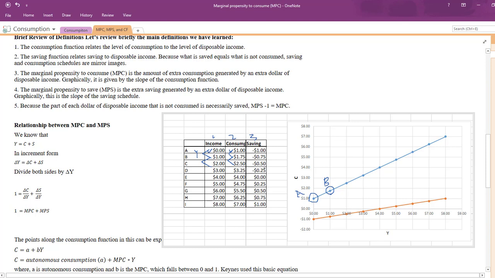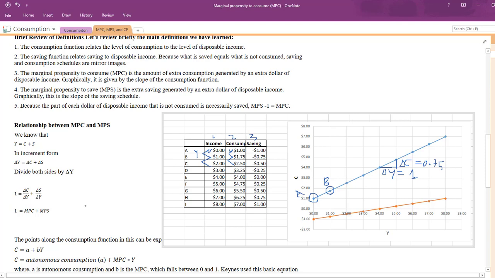We can also view this concept as geometry. This is change in income, del Y, and this is change in consumption, del C. So when change in income is 1, change in consumption is 0.75.